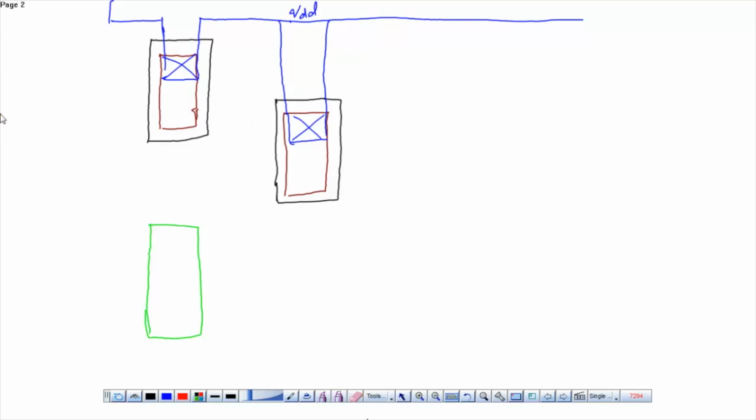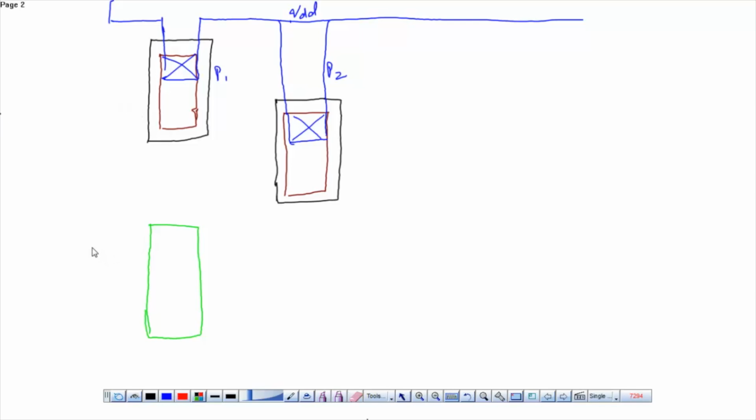Now remember, this is our PMOS 1, this is our PMOS 2. Then okay, before that let's make the inputs and the outputs.